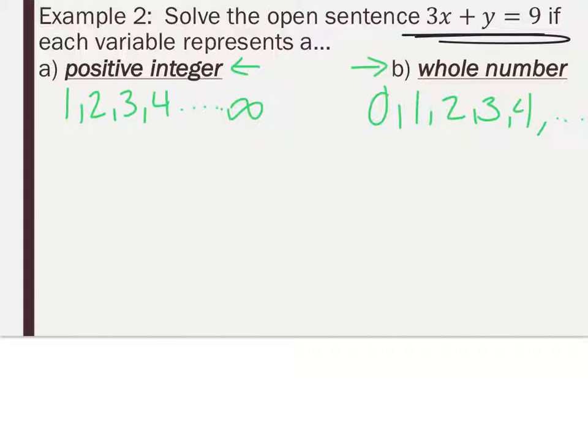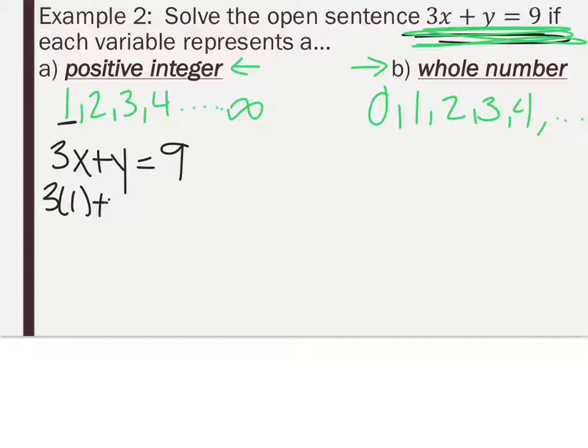So we're going to figure out all the points that make this statement true, knowing that each variable has to be a positive integer. So I'm always just going to start with my smallest positive integer to see if it works. So I'm going to take 3x plus y is equal to 9. My smallest positive integer is 1, so that's what I'm going to plug into my equation first. 3 plus y equals 9.